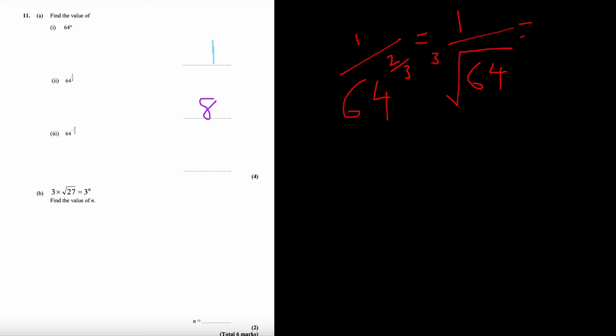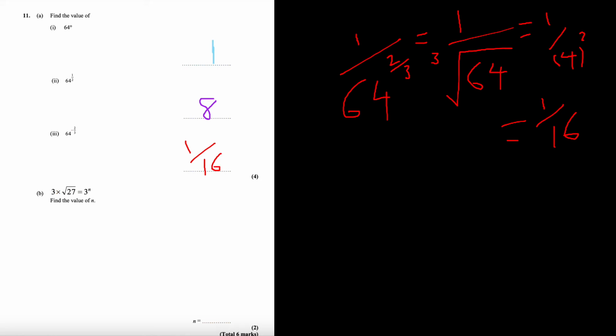So the minus flips it, so I get 1 over 64 to the 2/3, which is the cube root. So 1 over the cube root of 64, which is 1 over 4. And then I'm going to square my answer. So 4 squared is equal to 16. So it's 1 over 16, guys.